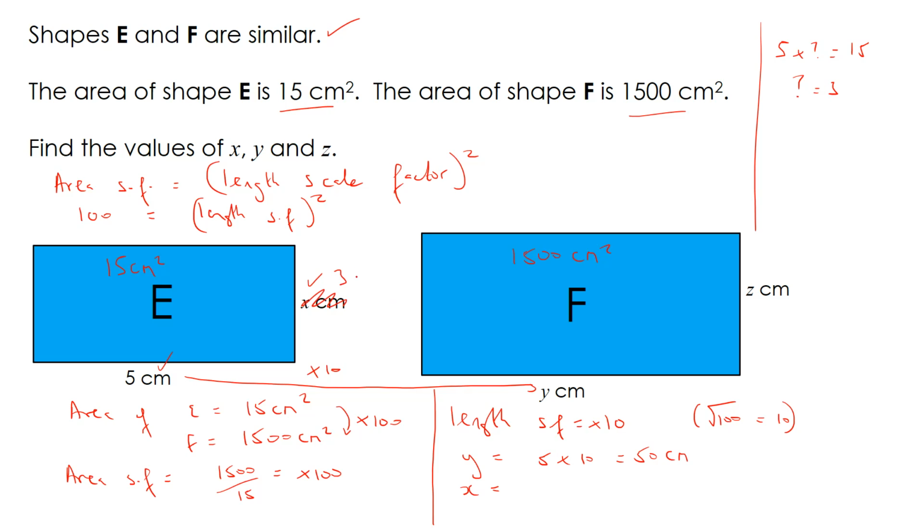X has to be 3 centimeters, because 5 times 3 is 15. And now I know x, I can work out z as well, can't I? Because I know that z is 10 times bigger than 3, and 3 times 10 is 30. And with that, I am done.